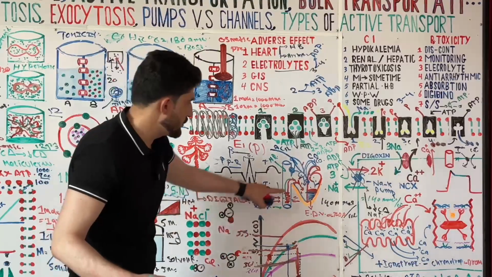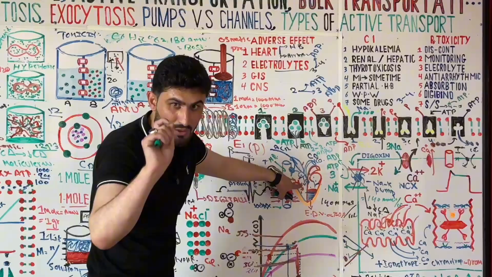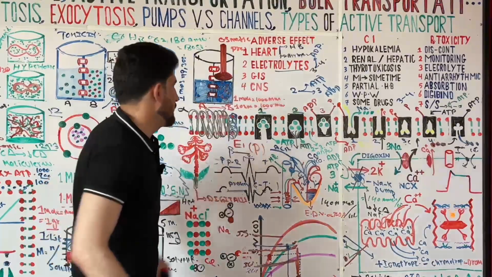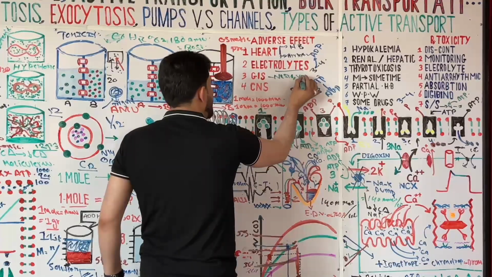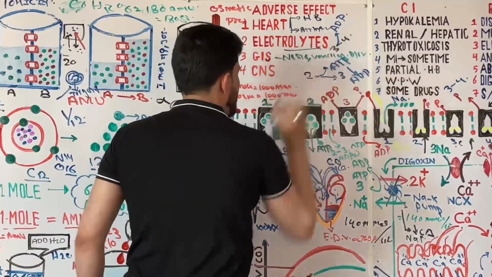It also affects the gastrointestinal system, due to increased vagal tone or vagus stimulation. So it causes nausea, vomiting, diarrhea, and so on.